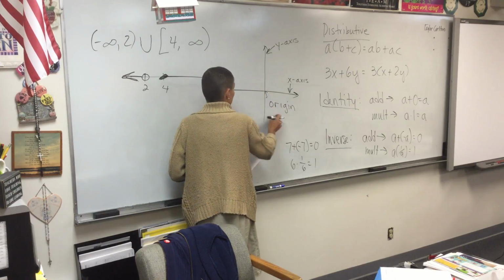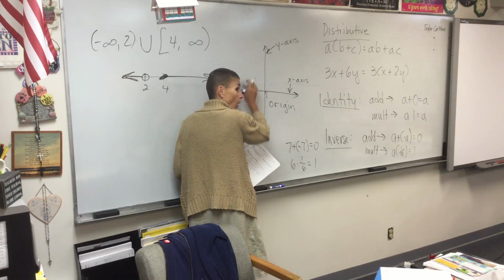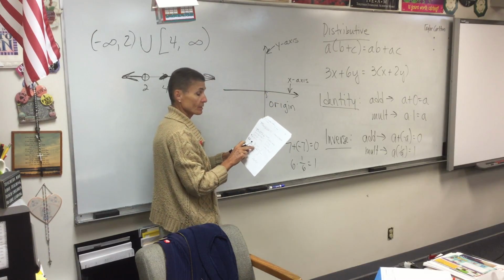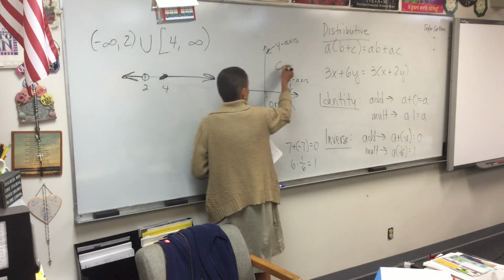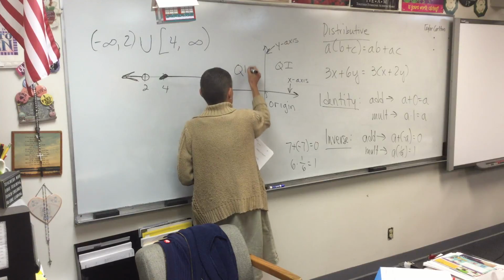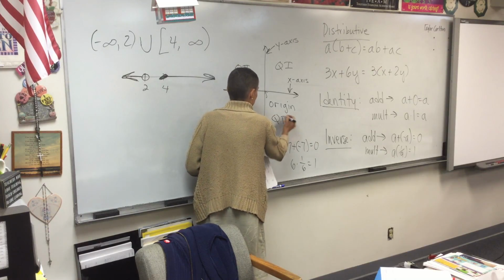All of these 4 spots are called quadrants, right? These are called the quadrants. Your job is to label them. This is Q1. This is Q2, Q3, and Q4.